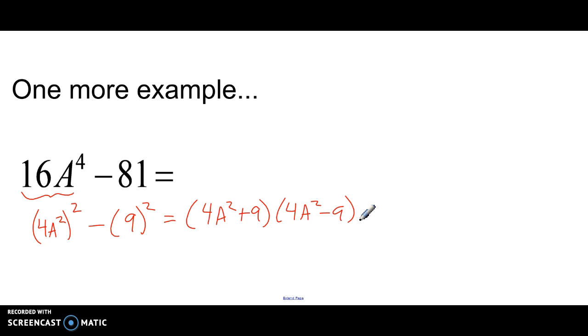Once you've done one type of factoring, always look for another type of factoring. One step may not be the end of the story. In this case, that second one there, 4a squared minus 9, that itself is a difference of squares, and it can be factored further.